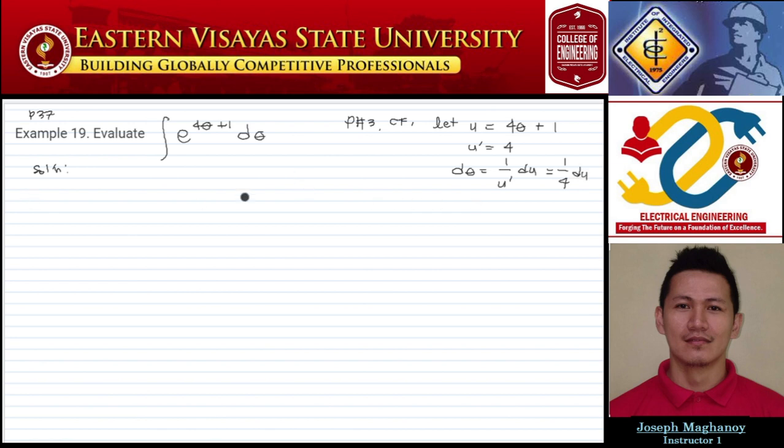So now, we apply our correction factor to the function. So, integral of e^(4 theta plus 1) d theta equal to integral of e. Replace our 4 theta plus 1 by u and apply your correction factor 1/4 du.